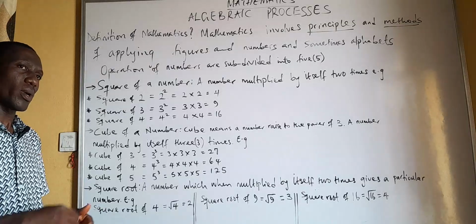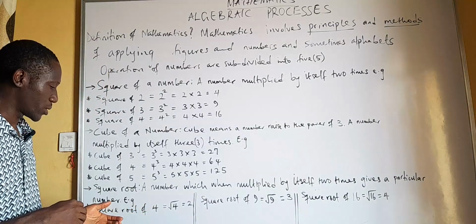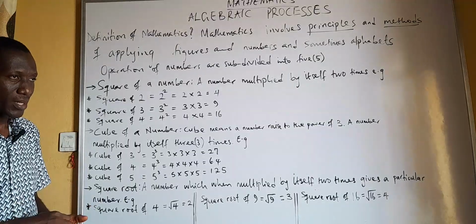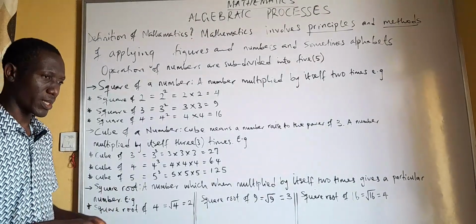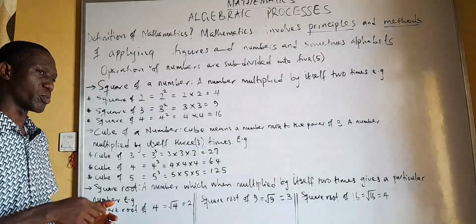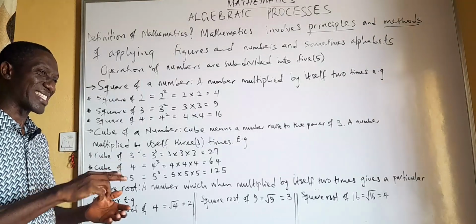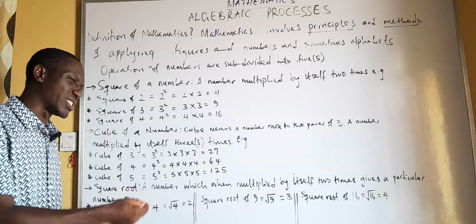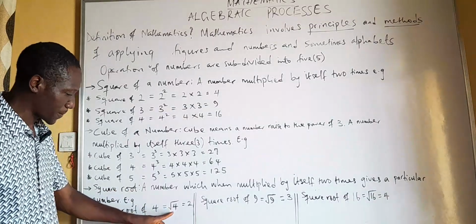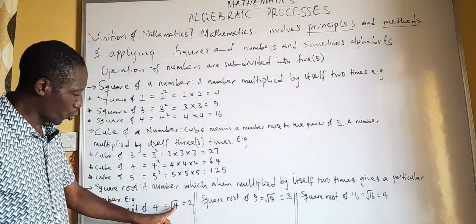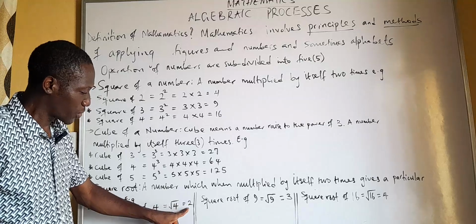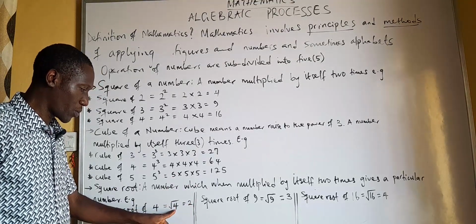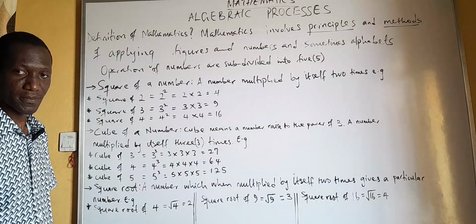And when we're working on this square root, we have to understand that the number you get for the root must be multiplied by itself twice, and must give you the number under the root. Just like this 4 now. The root of 4 is 2. So this 2, I multiply this 2 twice to give me 4. So I think you understand.